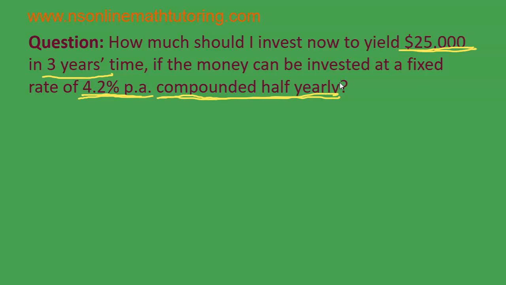So let us start with our answer. First of all, let us write the information that they have given us. A is equal to 25,000. I'm just skipping the units for calculation purpose.